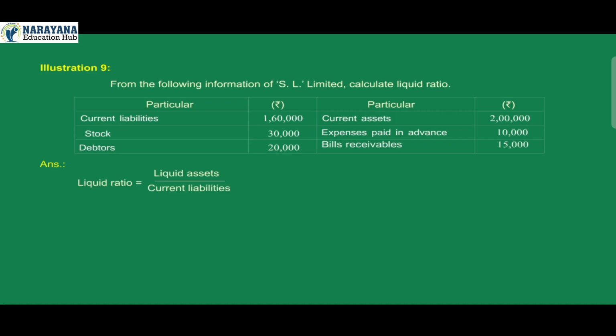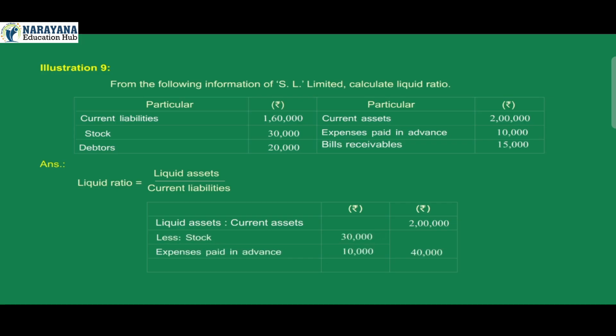Answer: liquid ratio is equal to liquid assets divided by current liabilities. Liquid assets: current assets 2,00,000 less stock 30,000 less expenses paid in advance 10,000 is 1,60,000. 1,60,000 divided by 1,60,000 is equal to 1:1.